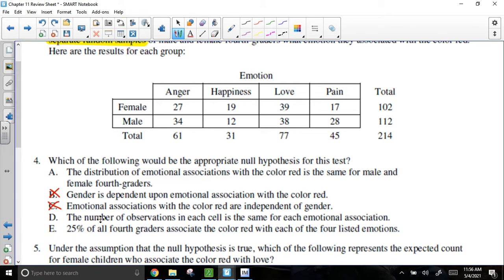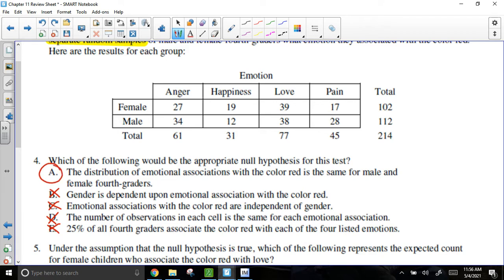Option D, the number of observations in each cell is the same for each emotional association. No, we're never talking about the actual observations in the null hypothesis. And then option E, 25% of the 4th graders associate the color red with each of the 4 listed emotions. That's not sounding like a null hypothesis to me. Where they're getting that 25% is probably from the expected counts, but that's not how you write a null hypothesis.